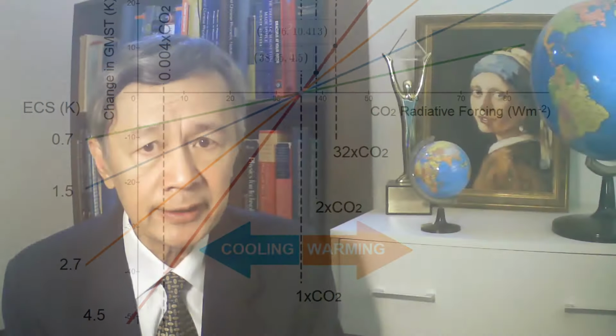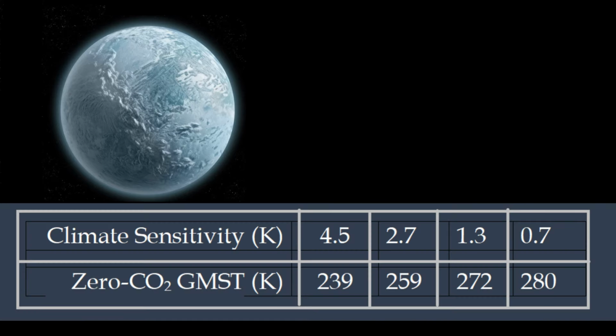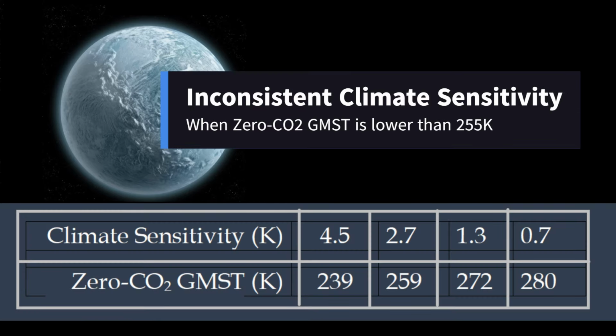Furthermore, if one chooses the climate sensitivity as 4.5 Kelvin, then one has to accept the prediction that the global mean surface temperature would be 239 Kelvin in the absence of CO2 in the atmosphere. Of course, this is inconsistent with the basic assumption that the lowest surface temperature is 255 Kelvin without any greenhouse gases. In physics and also in mathematics, if one can prove a theory is not self-consistent, then that theory should be thrown into the bin. Do you know what I mean?